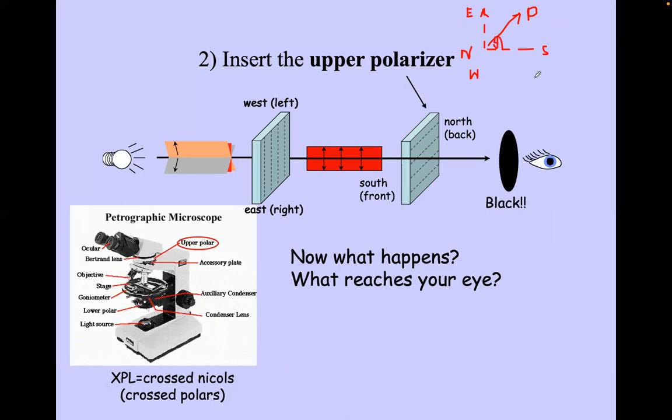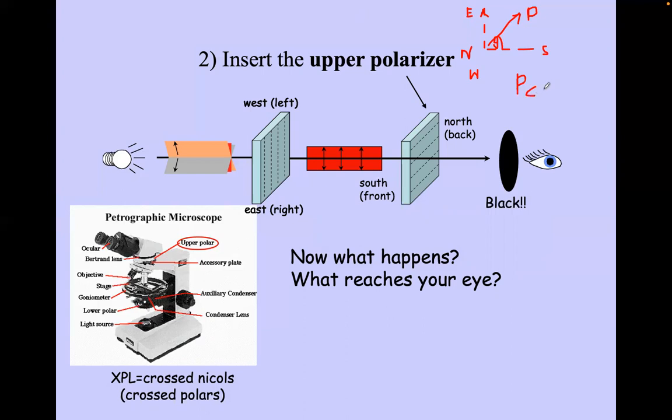I can't draw it correctly. Anyway, if you want the component of this P wave along this north-south direction, how do you do that? Can anyone remember from your A levels physics? Can anyone tell me the component of this P along the north-south direction? P cos theta. That's right. P cos theta, cosine.